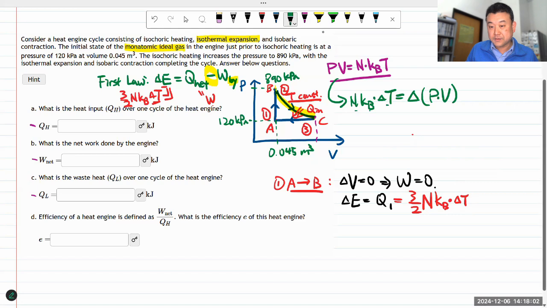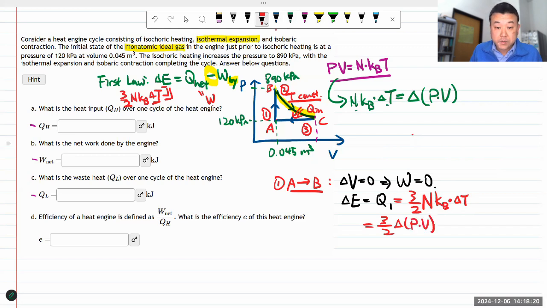So I can just plug it in here and basically get the change of internal energy, which also gives me the heat transfer into the system. It is 3/2 times this, or that, which is that. Change of P times V. Or in terms of the quantities we have, let's label this PA, VA, and label this PB.